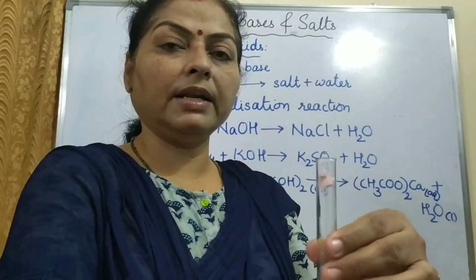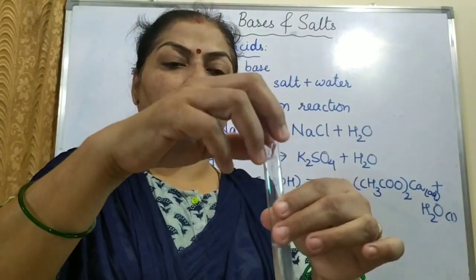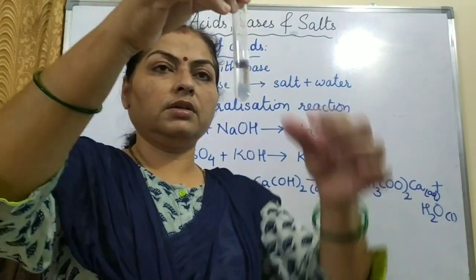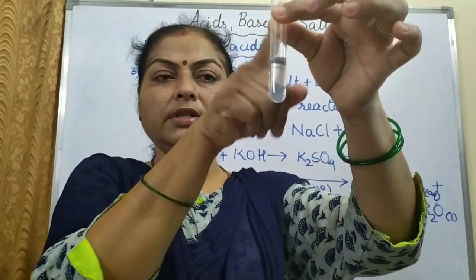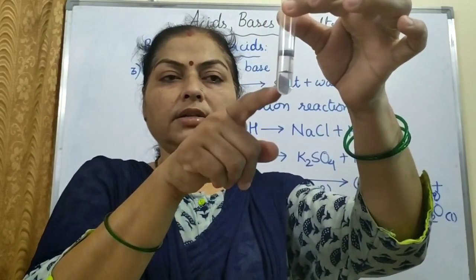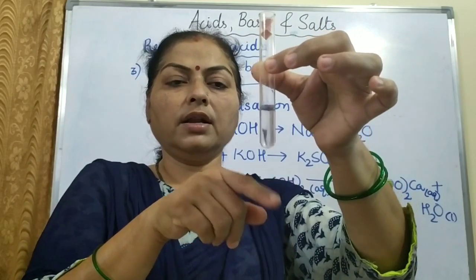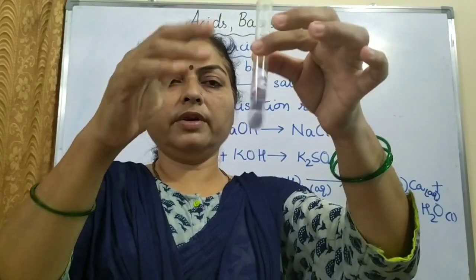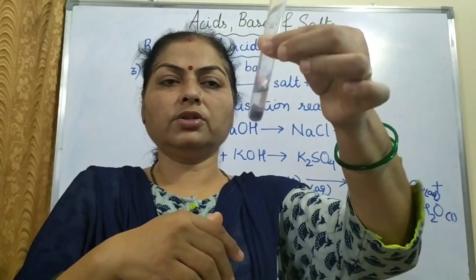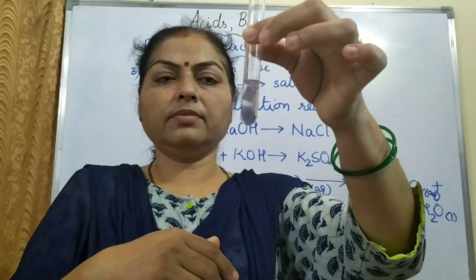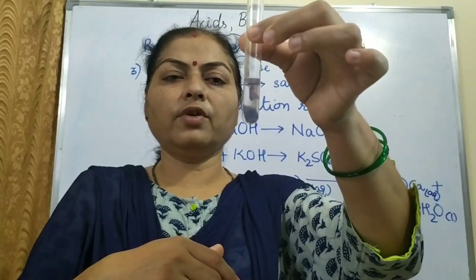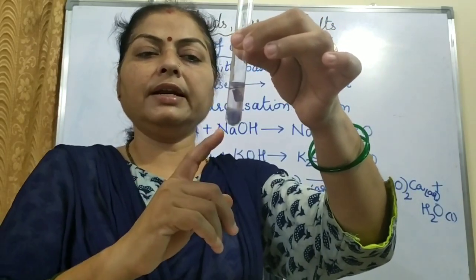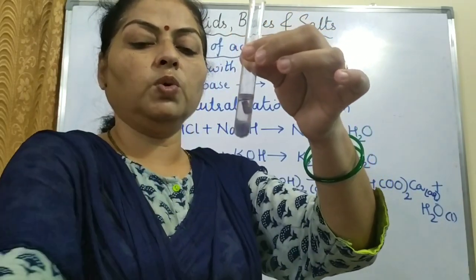Now as we know, metal hydroxides are basic in nature, so the red litmus, you can see here above the color was red, and as it is going down, the color has become blue. So I'll put all the red litmus paper in the aqueous solution of slaked lime, this lime water. It is a basic solution. How did we prove it? By putting red litmus paper, the color became blue.